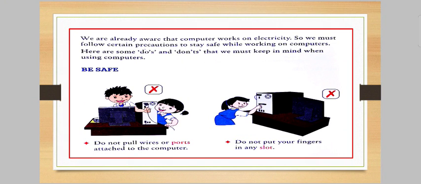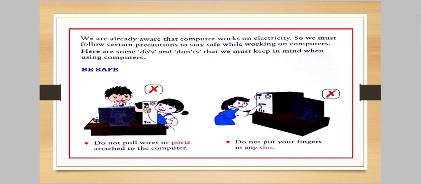We are already aware that computer works on electricity. That means we all know that computer is an electronic machine and uses electricity to work. So we must follow certain precautions to stay safe while working on the computer.